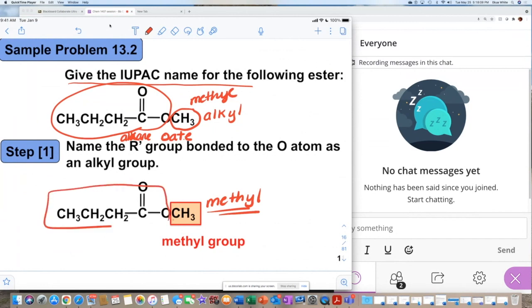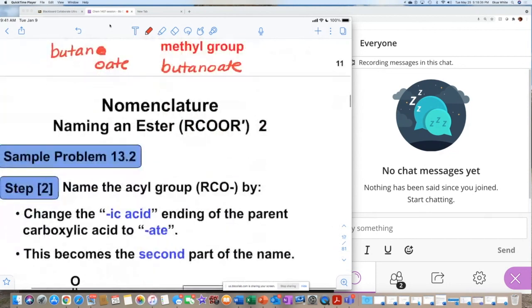The rest of this here, let's see if this works. If this was an alkane with 4 carbons, it would be butane, right? And then you replace the E with ate to get butanoate. Let's see if it works. Does it work?